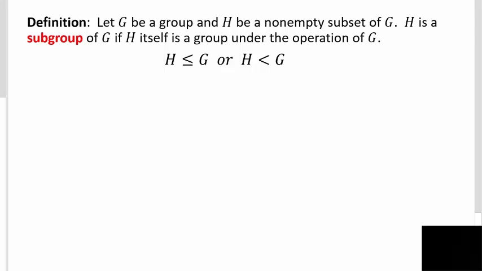And we're going to end this video with a very important definition. Let G be a group and H be a non-empty subset of G. H is a subgroup of G if H itself is a group under the operation of G. We use this notation.